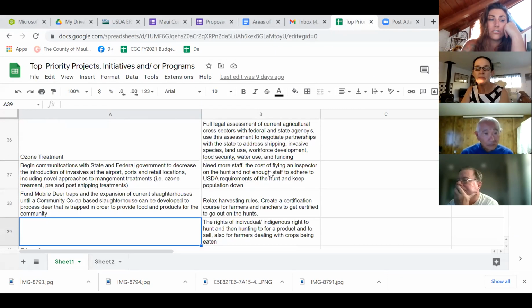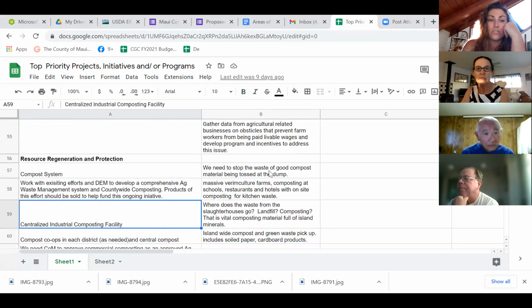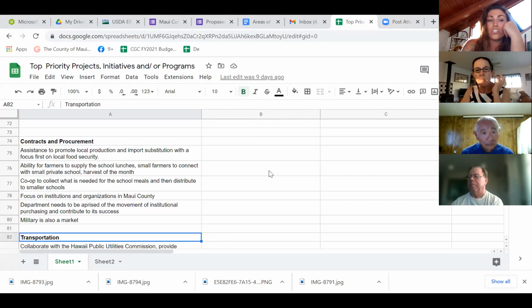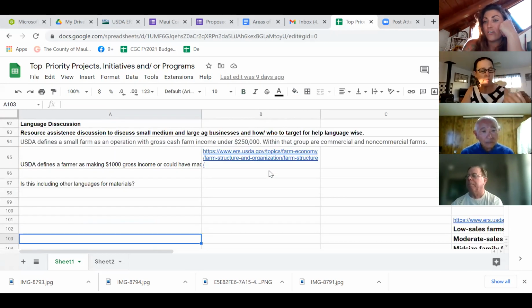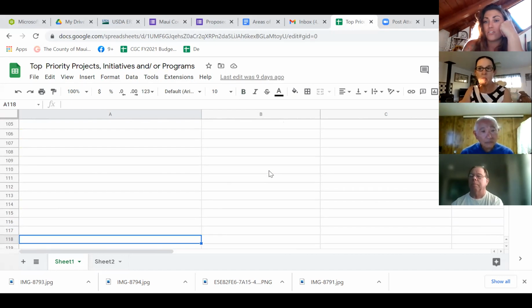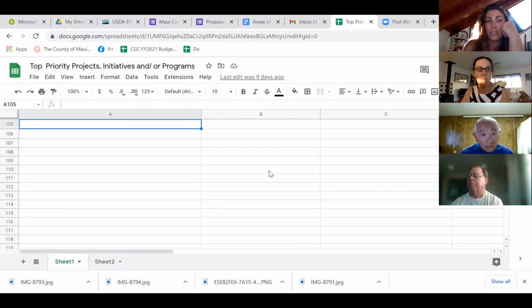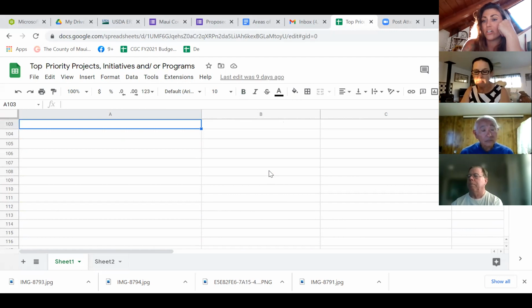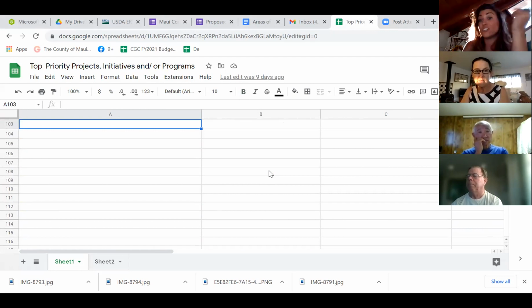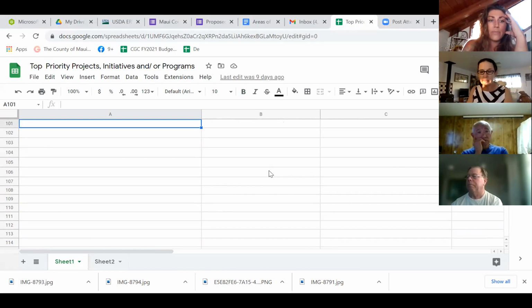I figured what we could do is have the language to target resource discussion first, then go over the priorities, projects, and initiatives, start reviewing the language to see if there are any edits we want to make, and then attach years to the specific actions. So that's what we'll be doing today.